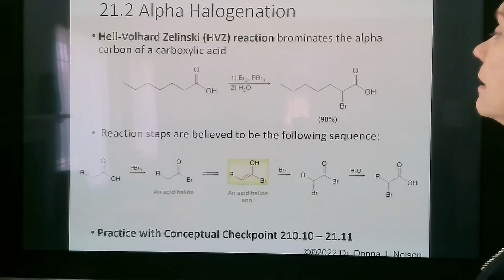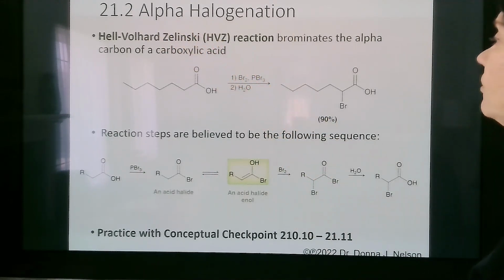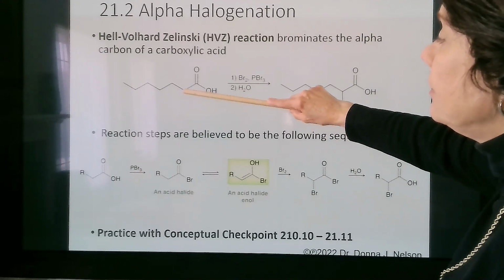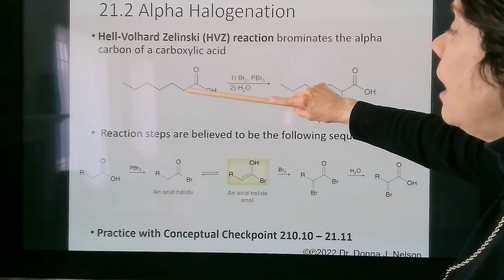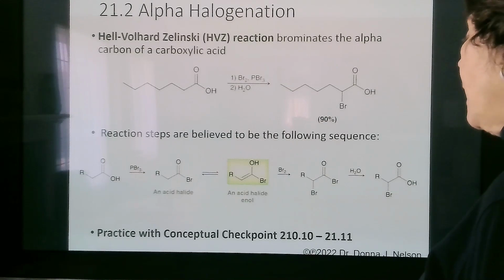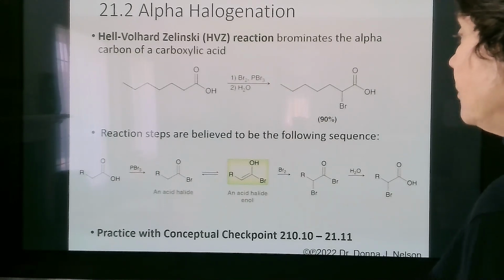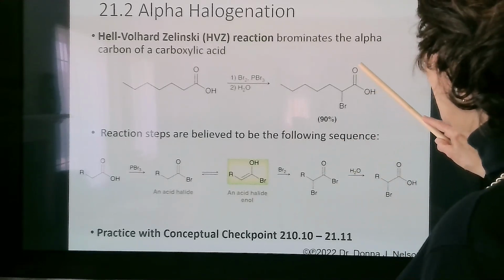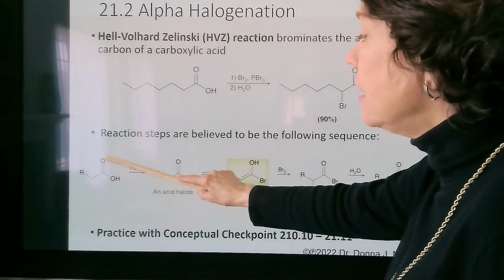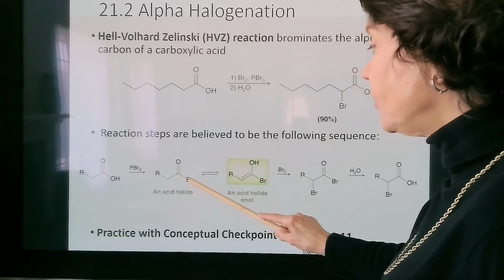This named reaction, the Hell-Volhard-Zelinsky reaction, HVZ, brominates at the alpha position, and you have seen how you have bromination at the alpha position to a carbonyl, but this is an interesting reaction because the first step converts the carboxylic acid to an acid bromide.